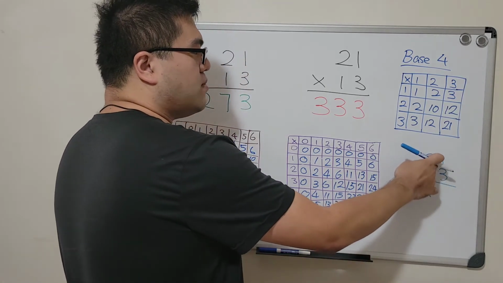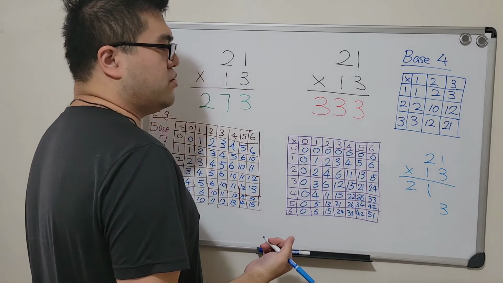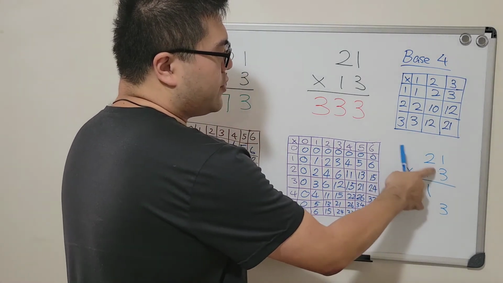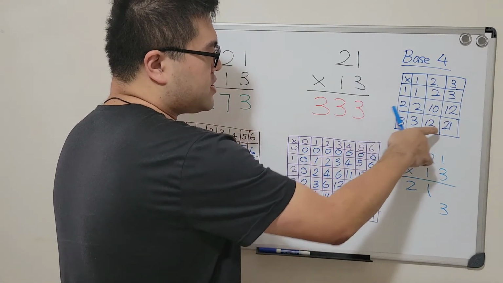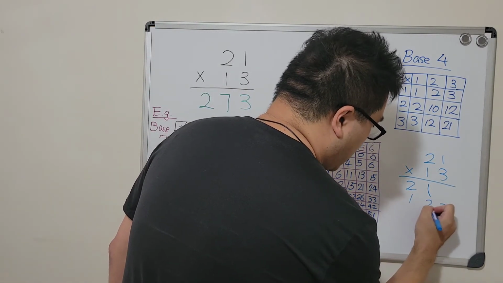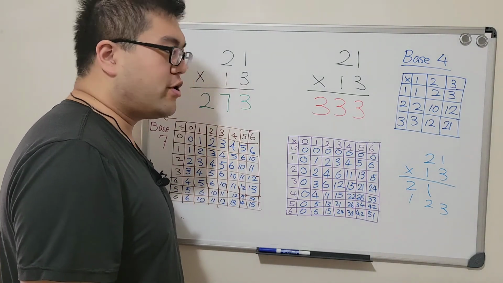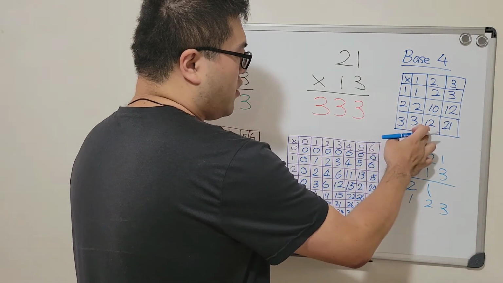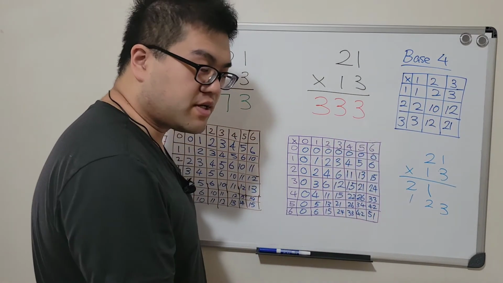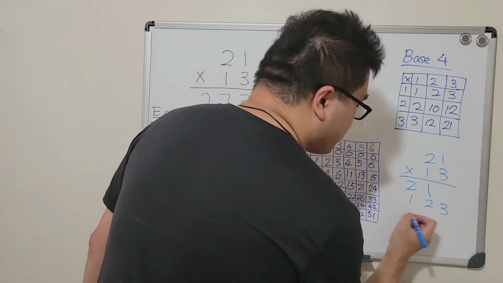Next, 3 times 1 is still 3. There's no problem. And 3 times 2 is, from this table, we said 3 times 2 is 1, 2. And again, don't say 12 because this number is not equal to 12. 3 times 2 is still 6, except our notation looks like 12 only.